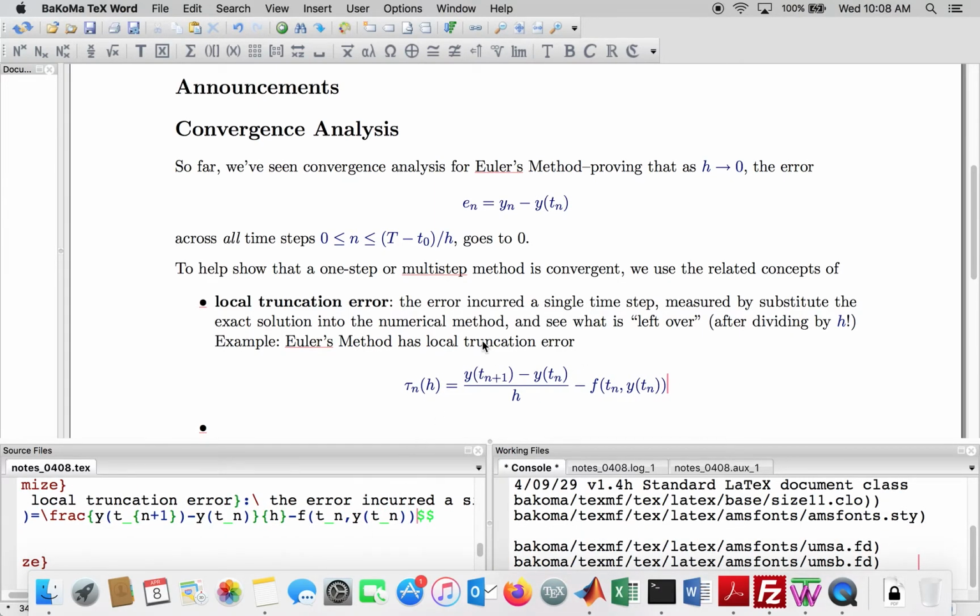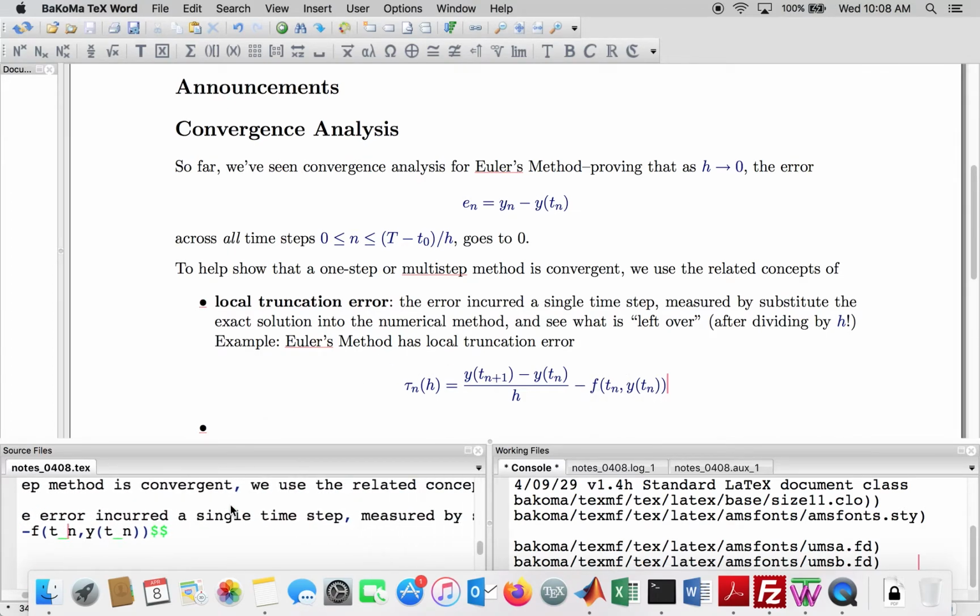So recall that Euler's method is yn plus 1 equals yn plus hf. So what I've done here is I've moved everything onto one side, set equal to 0, and then divided through by h. So if I cancel the h, let me put this up here just so you can see.